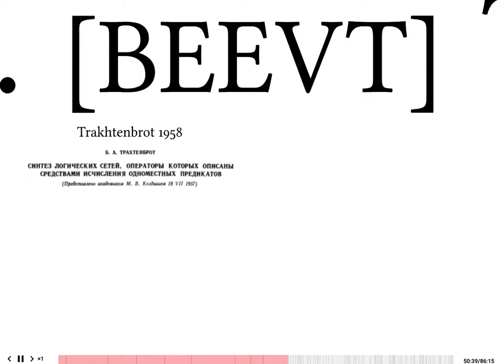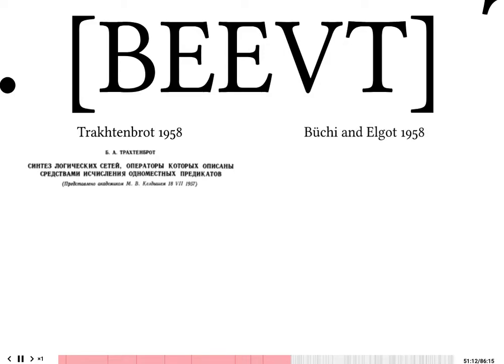So one of the names is T, which stands for Trachtenbrot, who was at the time in the Soviet Union, and he submitted in 1957, and published in 1958, a paper which is called, well, here is the Russian name, but it says that it is about the synthesis of logical nets where the operators are defined in terms of formulas that use one-place predicates, so in terms of monadic second-order logic.